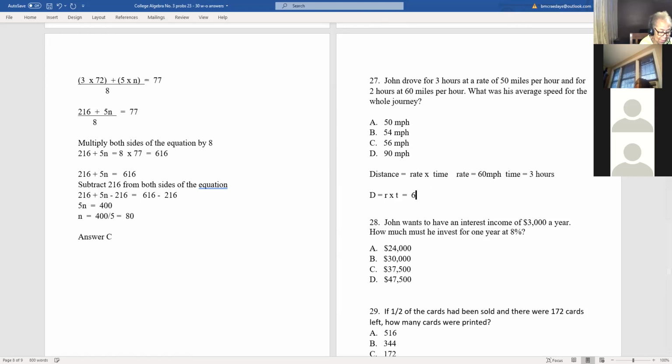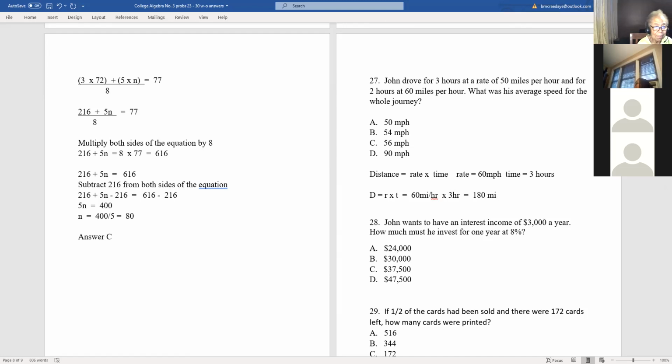So that's 60 miles per hour, times my time, which is what? 3 hours. And what's that equal to? 180.